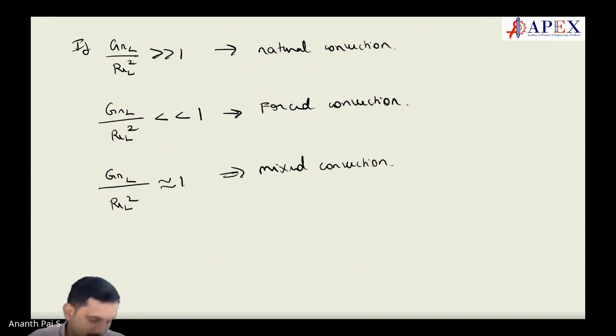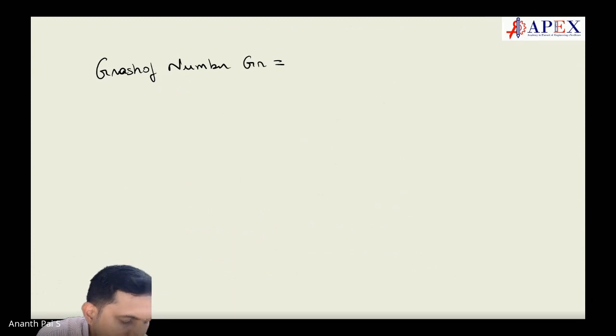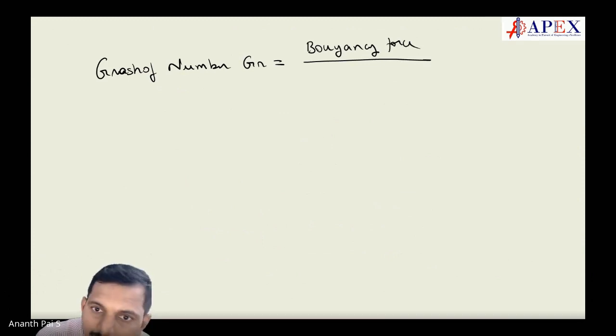Another point here is this. What is the Grashof number? Grashof number, GR, is actually equal to the ratio of buoyancy force divided by viscous force.